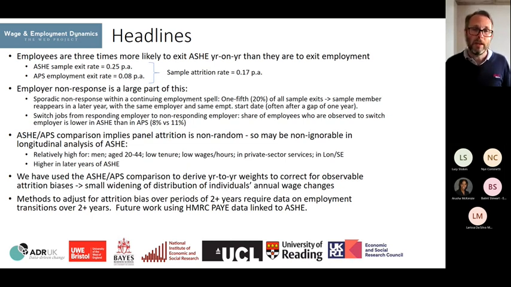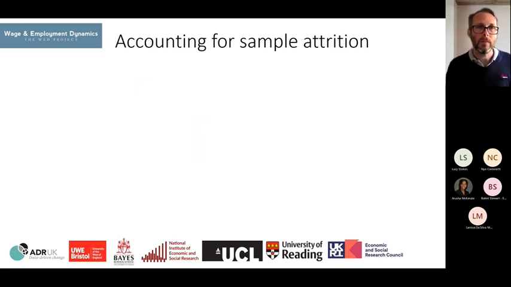And we don't have that in the APS. So what we're trying to do now is go on to use the HMRC PAYE data, where we can hope to follow people over a longer period of time and use that to create attrition weights for longer periods.